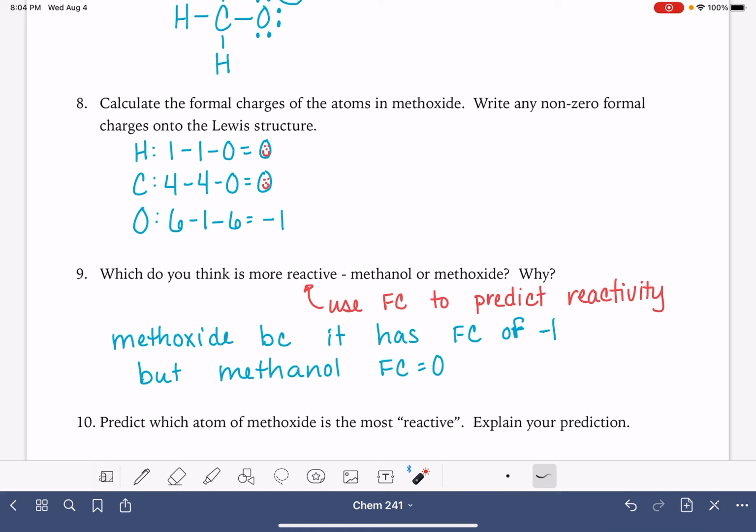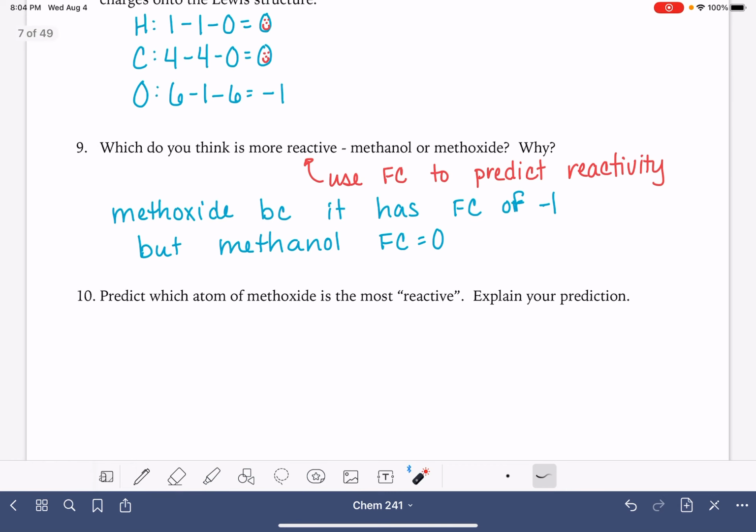And the more dramatic, more significant the formal charge is, the more reactive the molecule is. So if we also brought into the mix something that had a formal charge of -2, that would be even more reactive than a formal charge of -1. And then likewise, if we drew a molecule that had a formal charge of +2, that would also be even more reactive than -1, because again, all we're looking at is the magnitude. We don't really care about whether it's positive or negative.